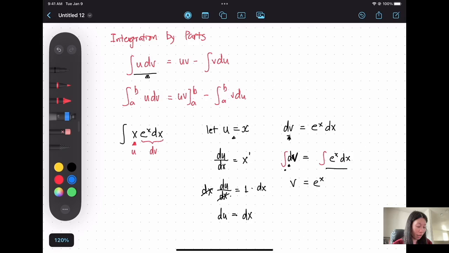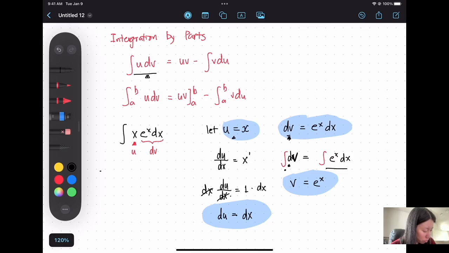So now we have everything that we need. We have our u, we know that dv is equal to e to the x dx, and because of that I got v is equal to e to the x, and then when I differentiate u, I get du equal to dx. So now let's do the substitution.